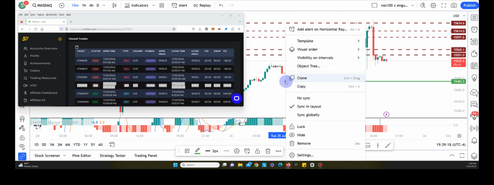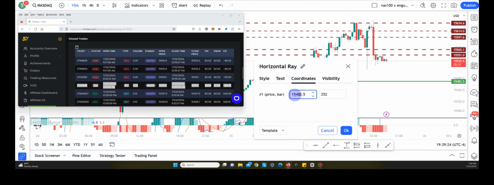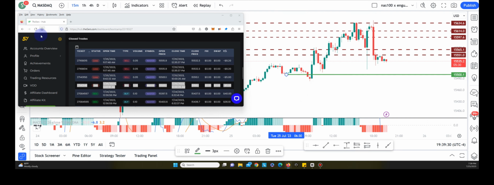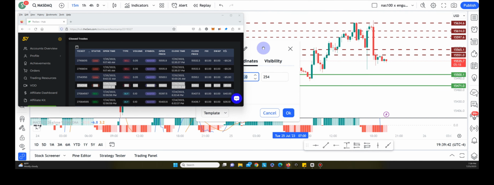So we entered here at 15,500.1, right? And it looks like I got stopped out on the 7 o'clock candle. What happened there?